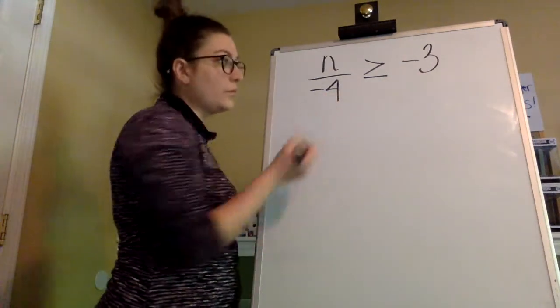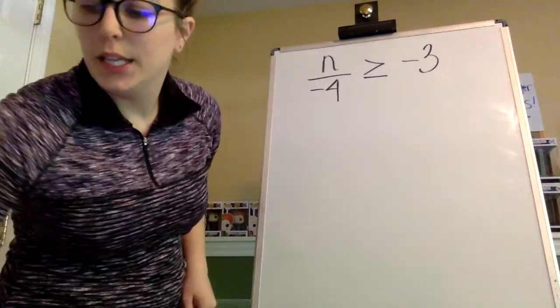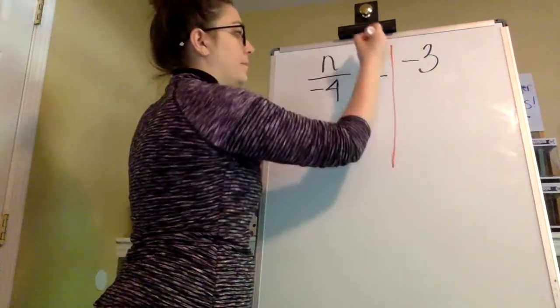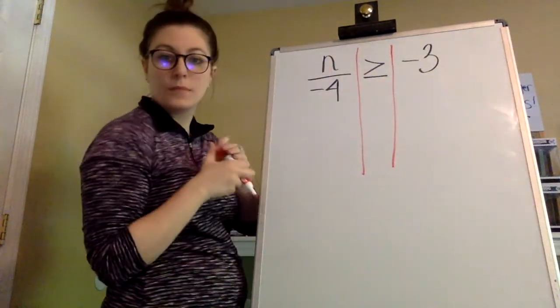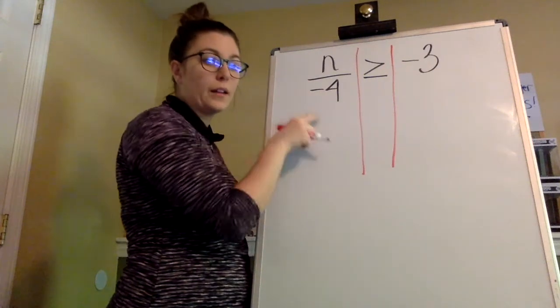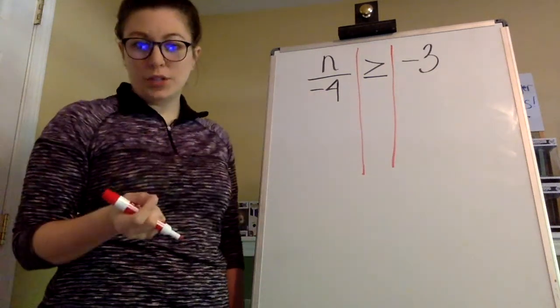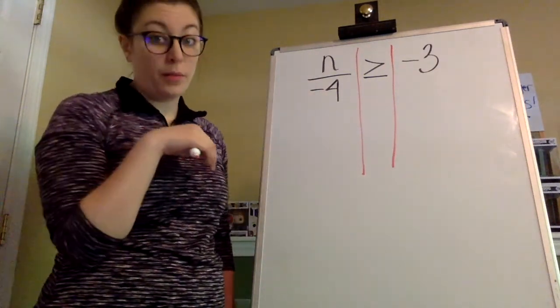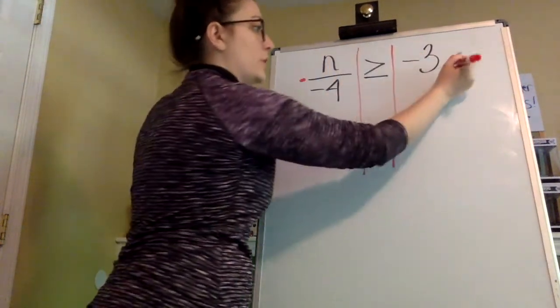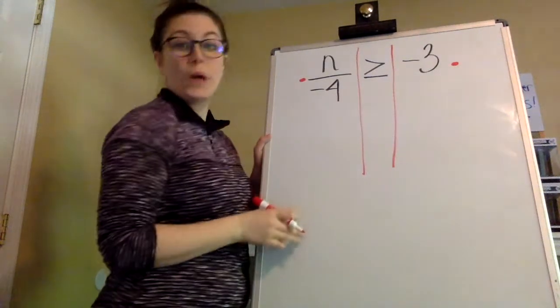So, looking up here, we can go ahead and draw railroad tracks going down. And we can say, okay, n is being divided by -4. So the opposite of division, which is undoing the problem, is multiplication. So we have to multiply both sides of our equation by what?